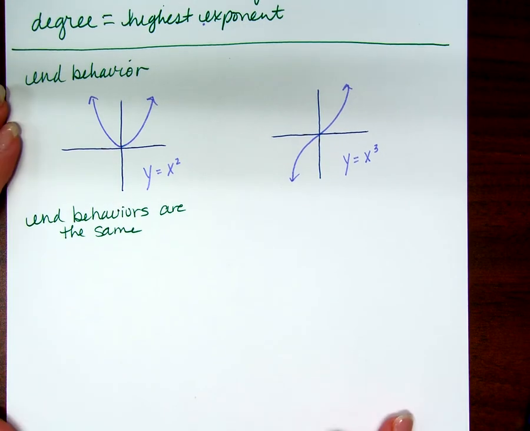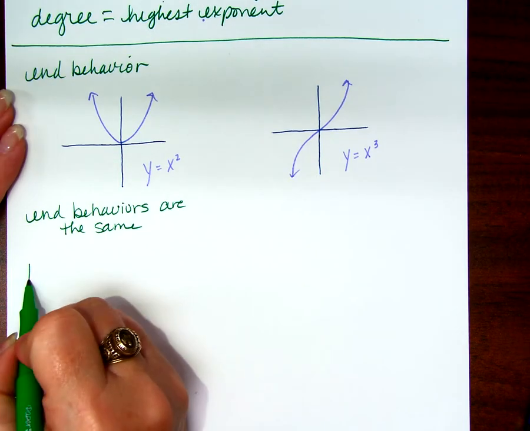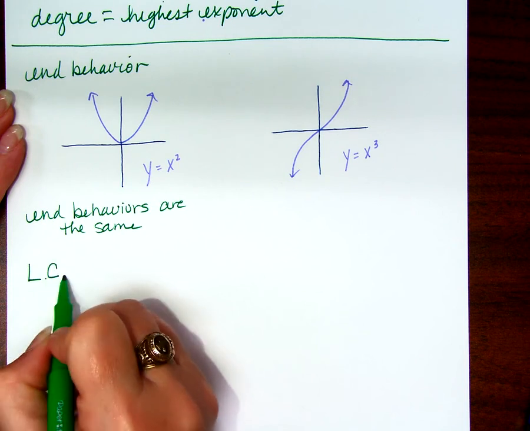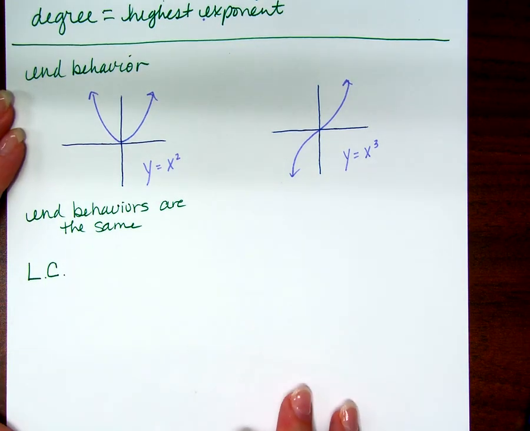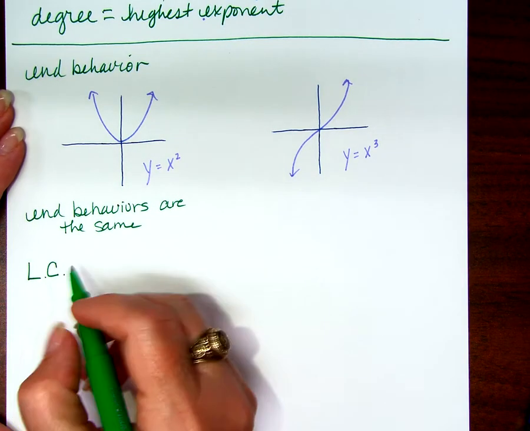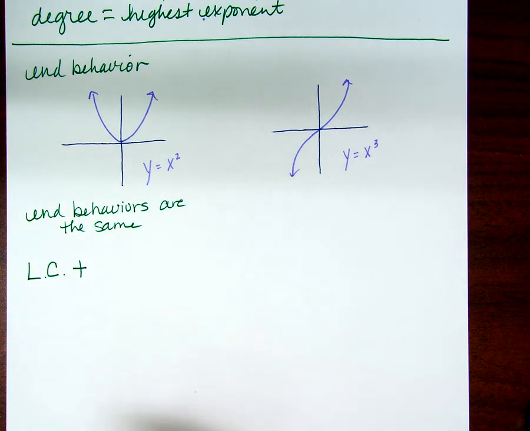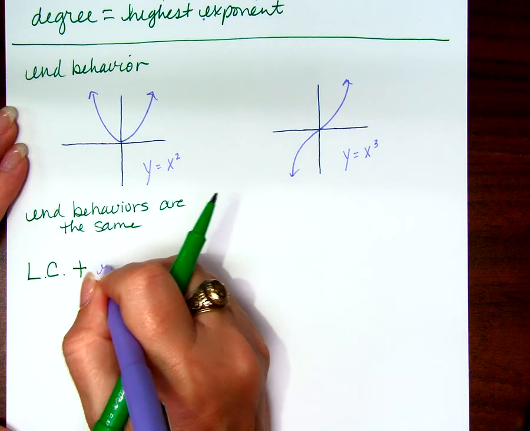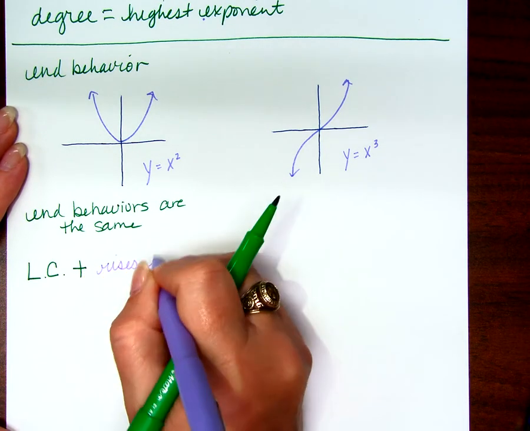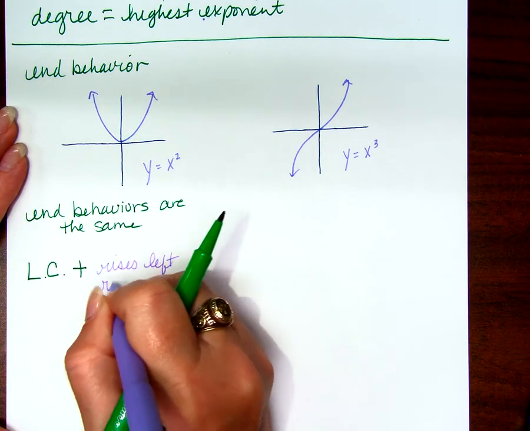Now, if the leading coefficient, are you okay with me writing LC and that meaning leading coefficient? If the leading coefficient is positive, what's happening to both of them? They're rising. We're going to say it rises left and rises right.